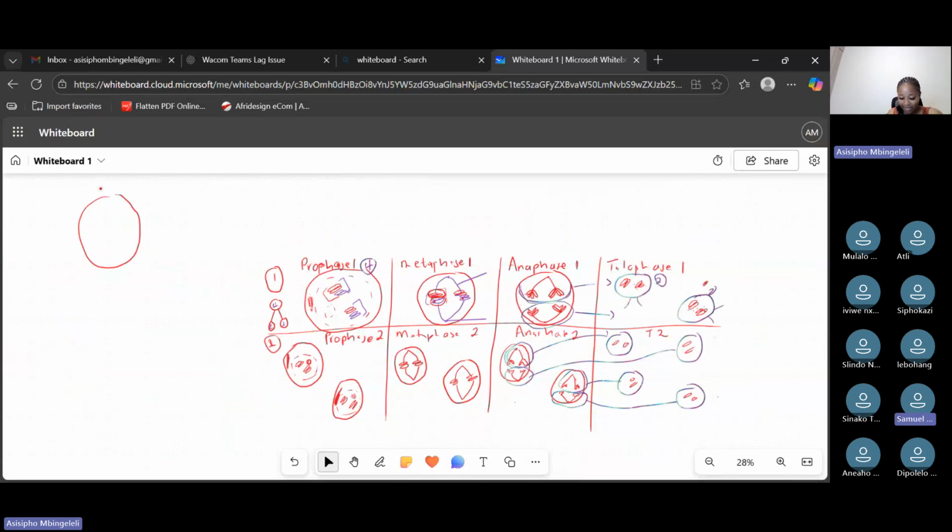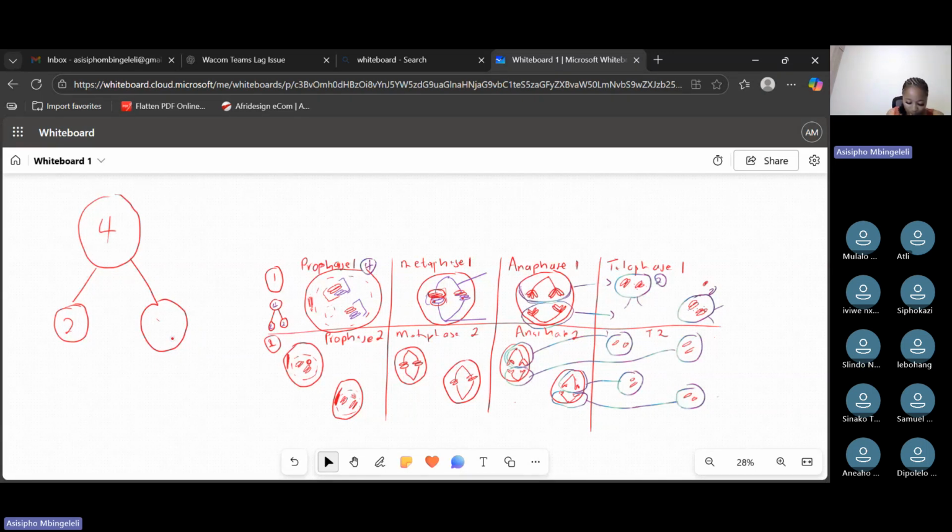Our parent cell had 4 chromosomes. Meiotic division 1 occurred, and when it occurred, we had 2 cells at the end of telophase 1. Now, in each cell of telophase 1, we had 2 chromosomes.